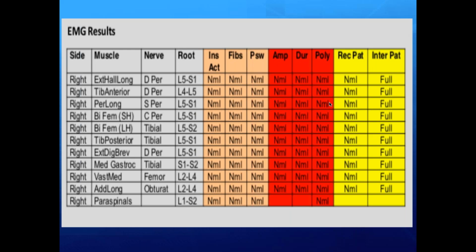For each one of the muscles, the beige columns are the resting potentials. That's where we see if there's spontaneous activity going on, and spontaneous activity is usually a sign of active or acute denervation.